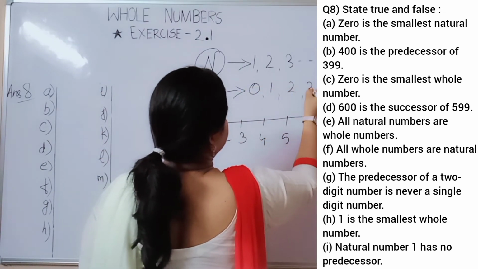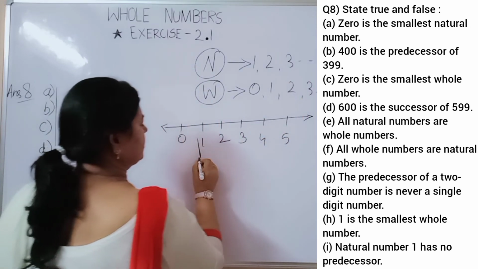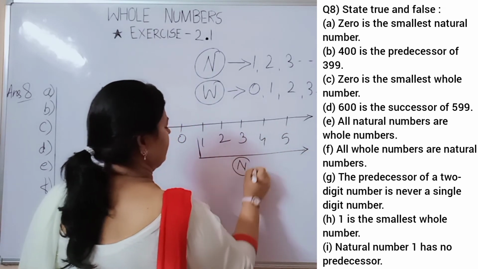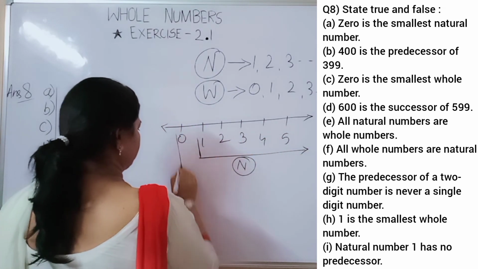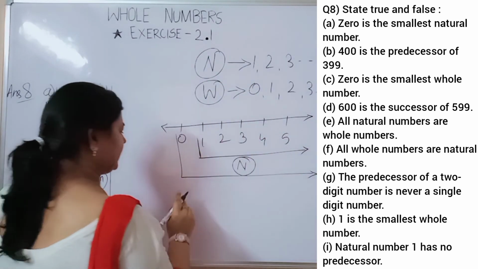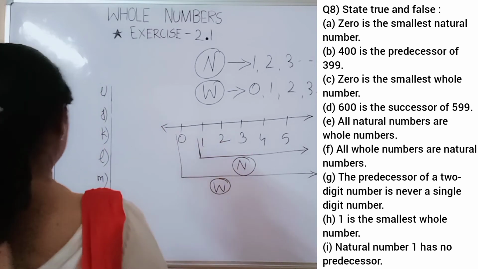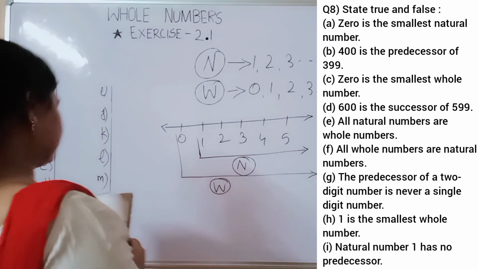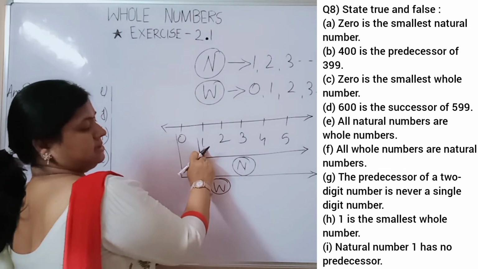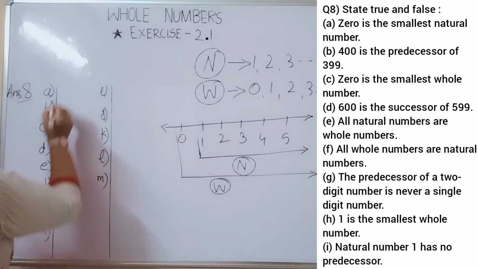Already discussed. Natural numbers start from 1, and so on, and whole numbers from 0. The question was, 0 is the smallest natural number. We can see here 1 is the smallest natural number. It means the statement is false.